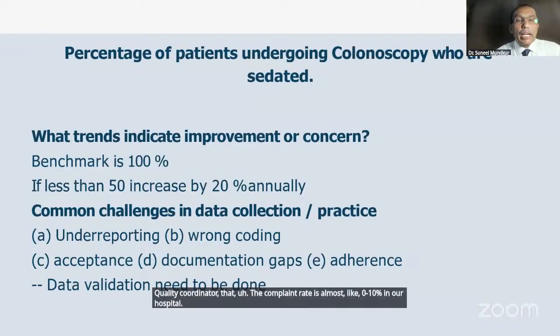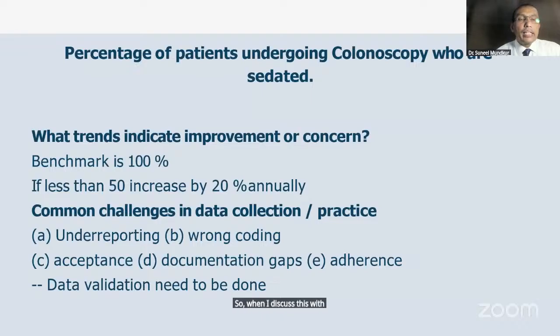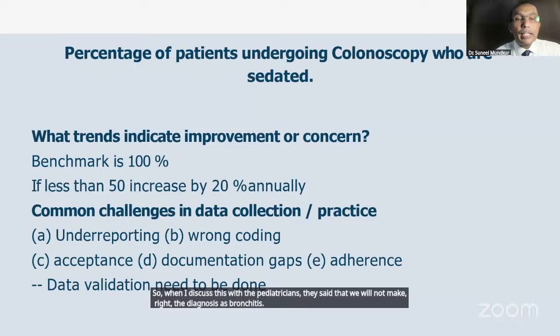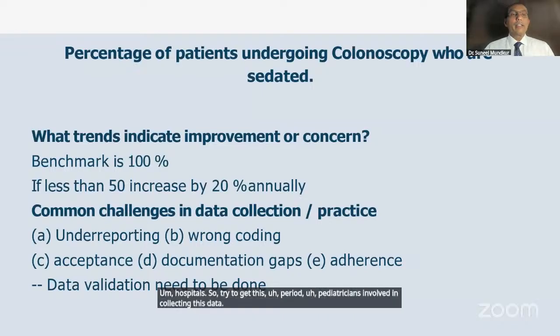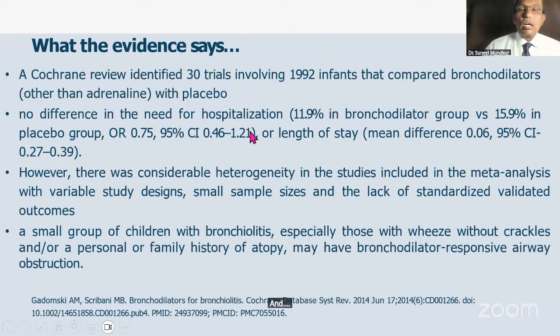When I discussed this with the pediatricians, they said that they will not write the diagnosis as bronchiolitis; they will write something else. So documentation gaps, adherence, and acceptance may be a challenge in many hospitals. Try to get these pediatricians involved in collecting this data and inform them what the evidence is.